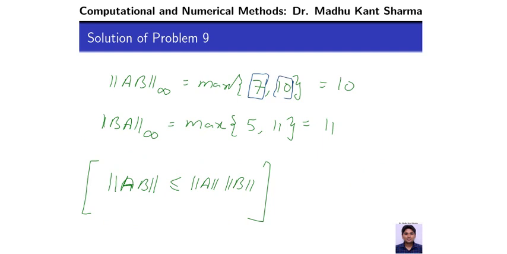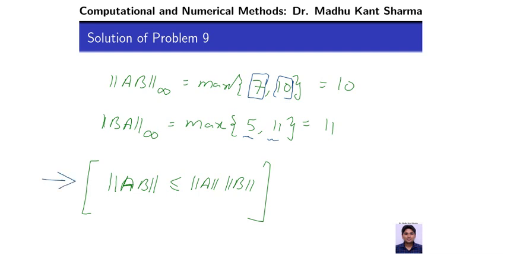Okay, so now the next example is using the infinity matrix norm, compute the condition number of the matrix. So for the condition number, if you recall the definition, the condition number is equal to norm A into norm of A inverse.